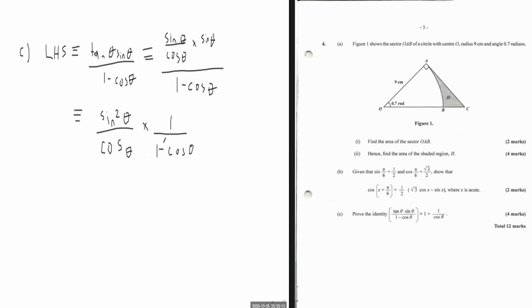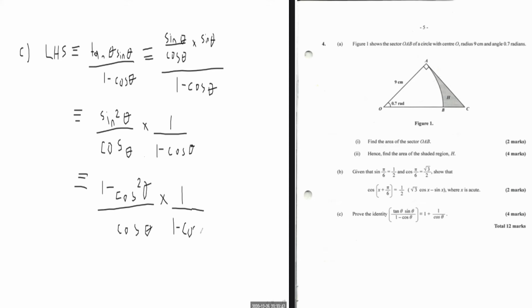Now, first and foremost, we need to notice that sine square theta is 1 minus cos square theta. So we can rewrite this as 1 minus cos square theta over cos theta, times 1 over 1 minus cos theta. This is so boring and easy.